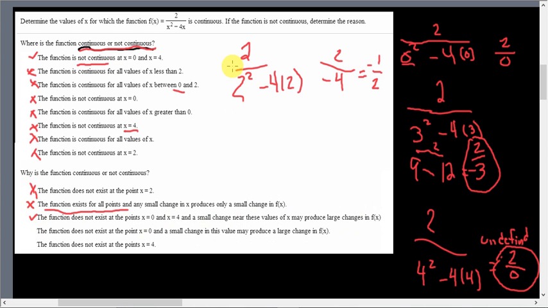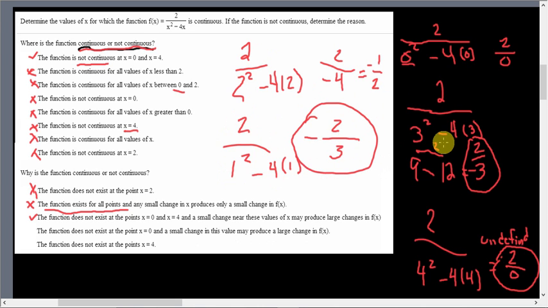If we took 3, right, we get negative 2/3. If we take 2, we get negative 1/2. If we were to take 1, we get 2 over 1 squared minus 4 times 1. So that's 2 over 1 minus 4, which is negative 3. So we get negative 2/3. Is that right? Yeah, okay. So there's 1, and we have 2, and 3.